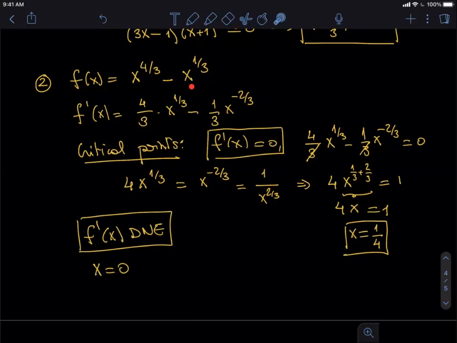When we take the derivative of x to the 1/3, we get a negative exponent. If you check the definition, you will see that the derivative does not exist at x equals 0. So x equals 0 is also a critical point.